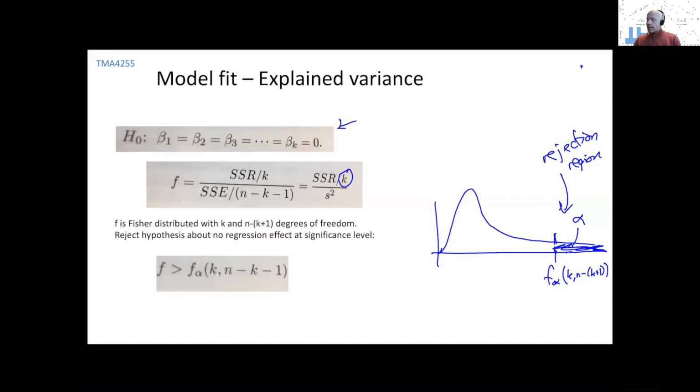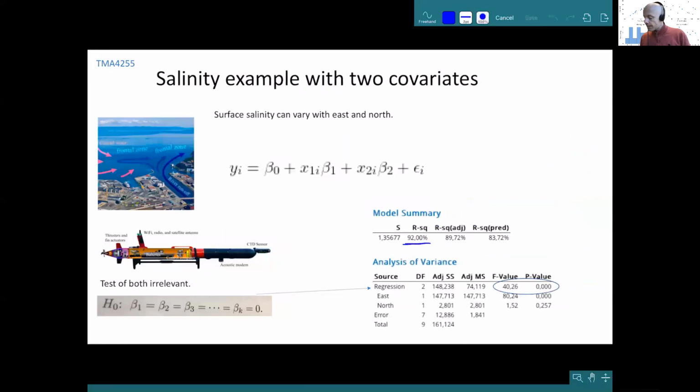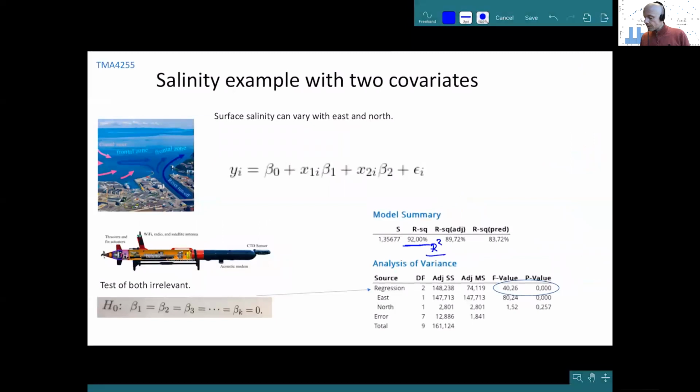Should we do this for the salinity example? First we test, okay, what is R squared? R squared is really large, 0.92. This is S, the square root of S squared, which is the square root of SSE over N minus K, where K was 2 plus 1, so 3.